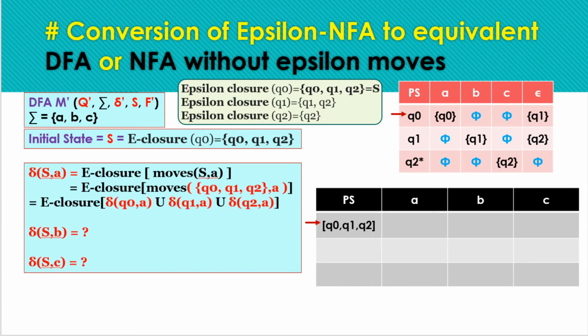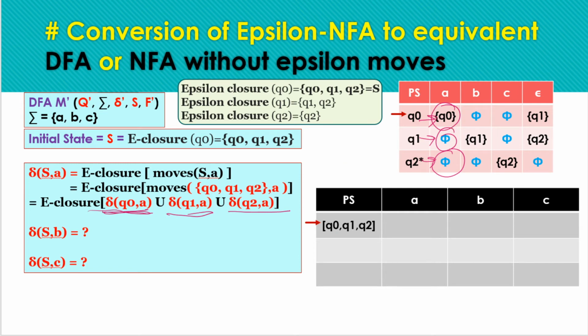Now expanding this to the transition from Q0 for input symbol A, the transition from Q1 for input symbol A, and the transition from Q2 for input symbol A. This is what we were checking in NFA to DFA conversion also. We have to perform the union of these sets.